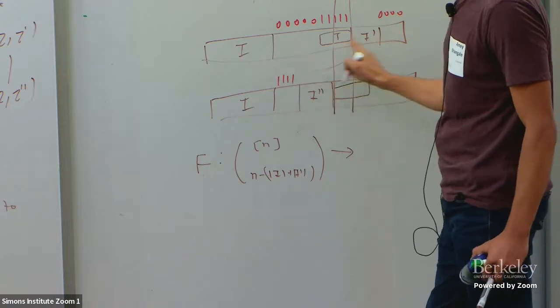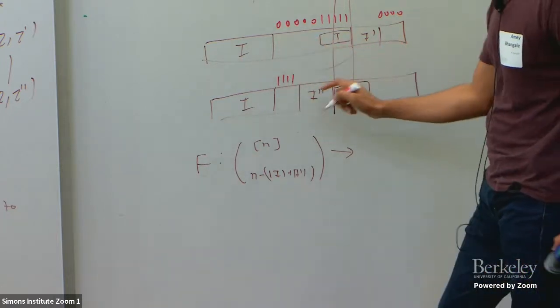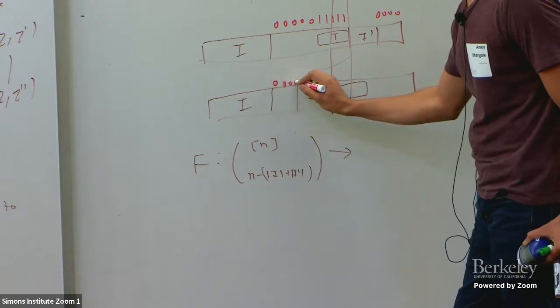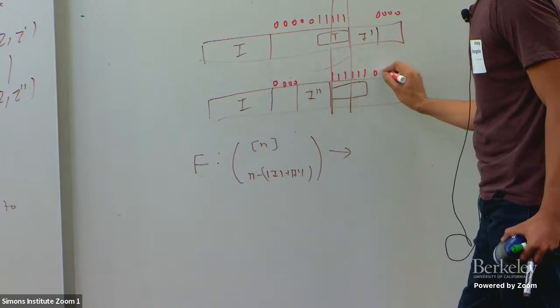So for I and I prime, I would get this bit string, and for I double prime, I would get 0 0 0 0 1 1 1 1 1 0 0 0 0 0.